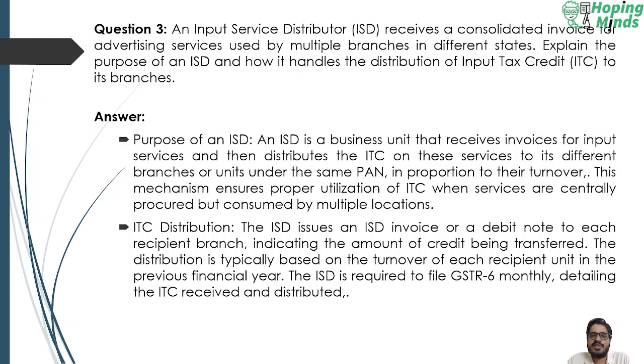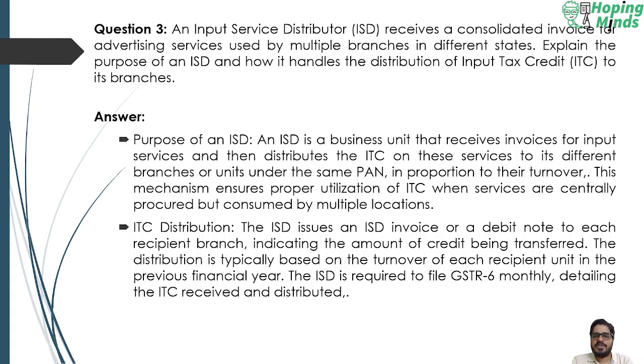An input service distributor receives a consolidated invoice for advertising services used by multiple branches in different states. Explain the purpose of an input service distributor and how it handles the distribution of input tax credit to its branches. So to answer this question, we have to first understand who are input service distributors.